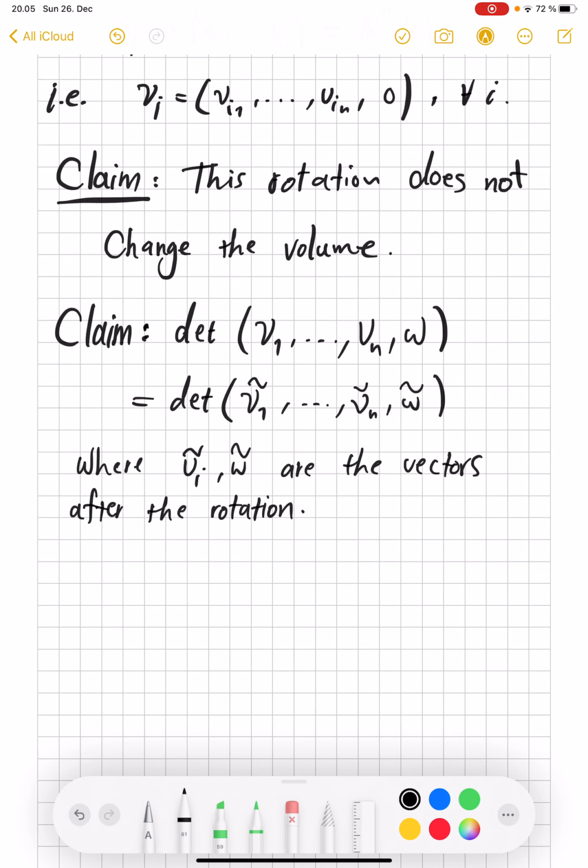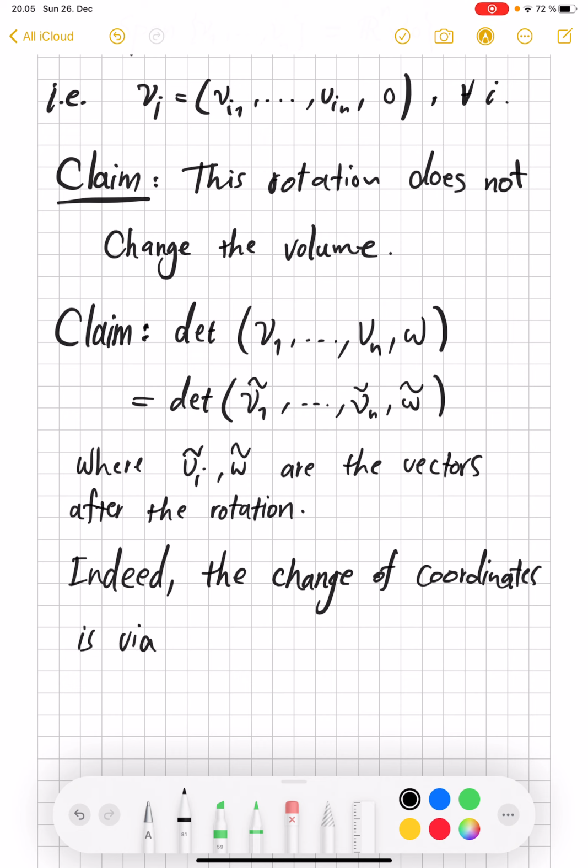The answer is that the change of coordinates is via an orthogonal matrix.